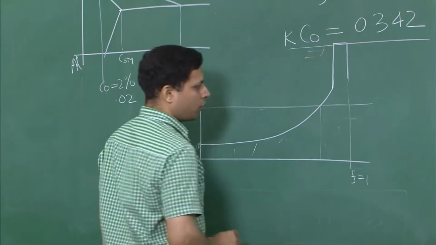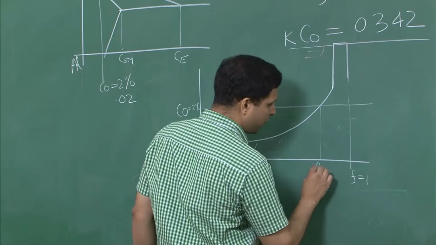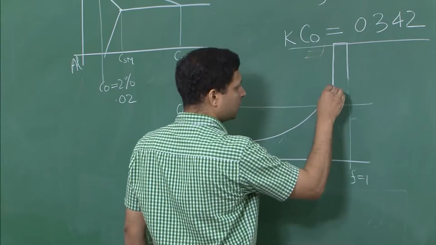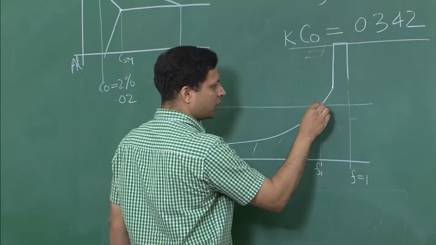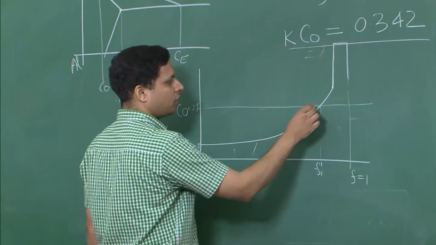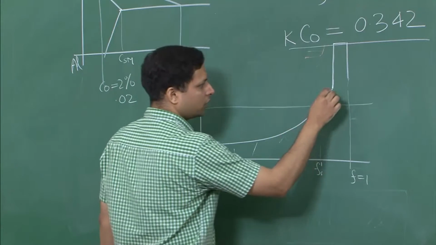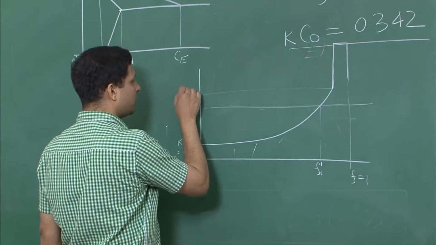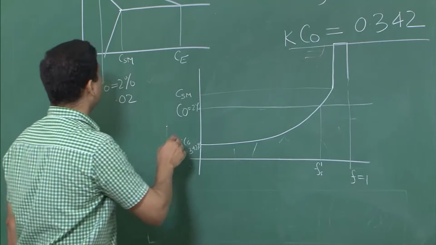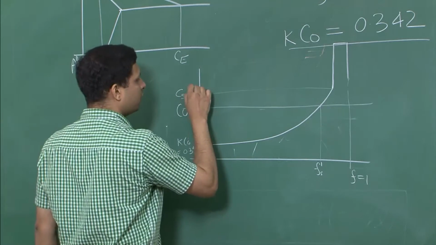This is where what has been described as Fs1. This is the point, this is Fs1 because it is at this point that the concentration of solute increases beyond C naught. Fs2 is the point where it reaches CSM. So this is CSM, which was given as 5.65.